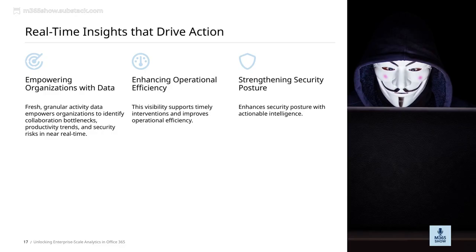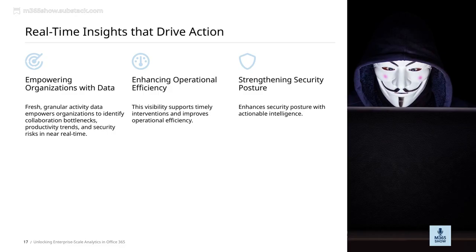This improved security posture supports timely interventions, helping you address issues before they escalate, and it also boosts operational efficiency by reducing unnecessary disruptions. The fresh, granular activity data we gather empowers organizations to spot collaboration bottlenecks, identify productivity trends, and uncover security risks, all in near real time.